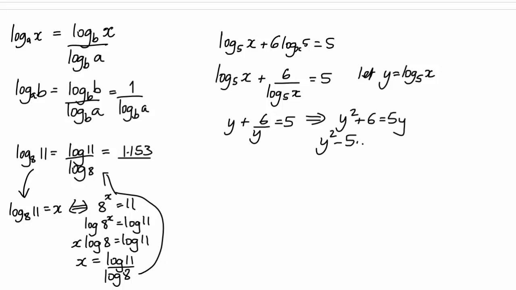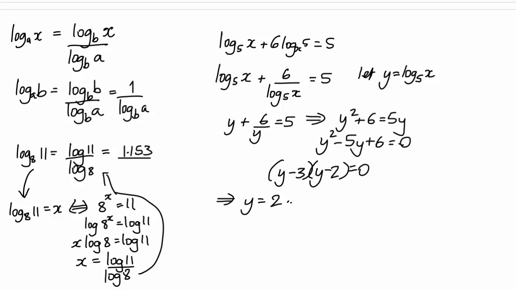Y squared take away 5y plus 6 equals 0, by rearranging it to get it into the standard quadratic way of dealing with things, which is y minus 3, y minus 2 equals 0, which leads to y being 2 or y being 3.